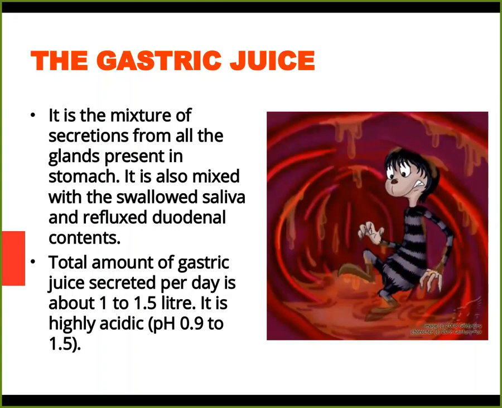The total amount of gastric juice, like the total amount of saliva, may vary depending on the amount, types, and quality of food. But on average, we speak about 1.5 liters of gastric juice per day. Due to the presence of hydrochloric acid, gastric juice has a very low pH.